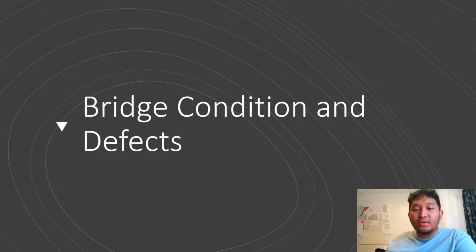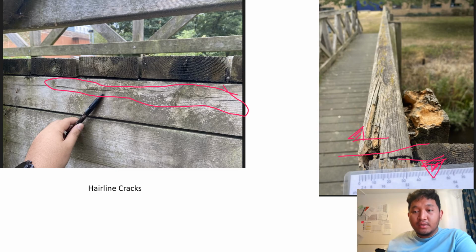So what kind of condition and defect did I find on these bridges? I found some hairline cracks along the left side of the bridges, and then I saw a movement, this part moving relative to each other from the left side here.